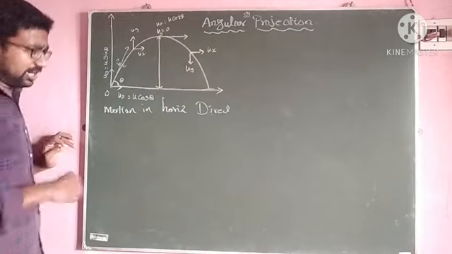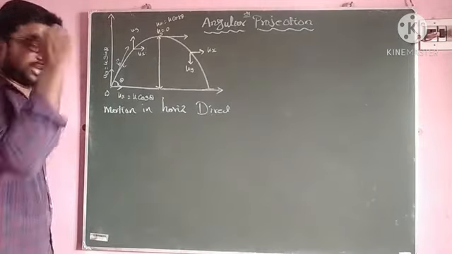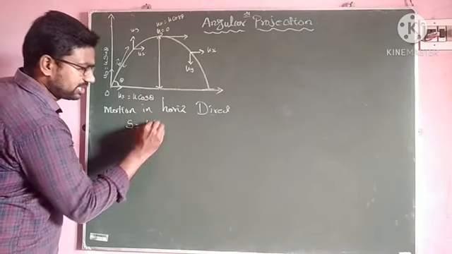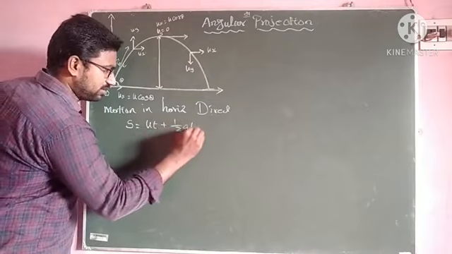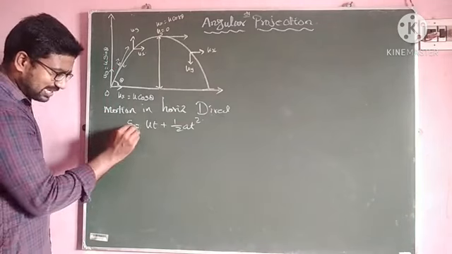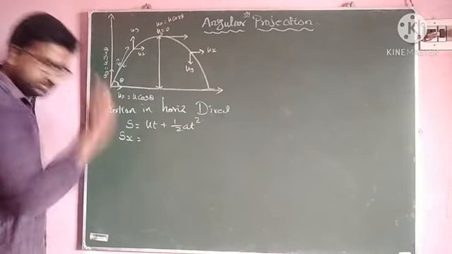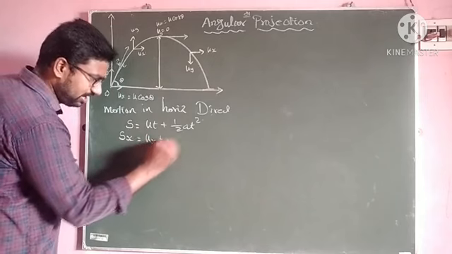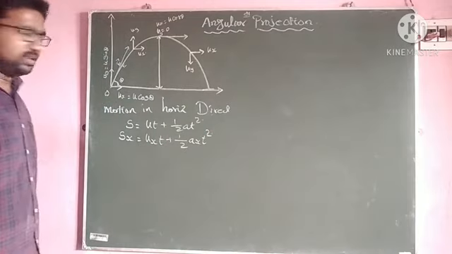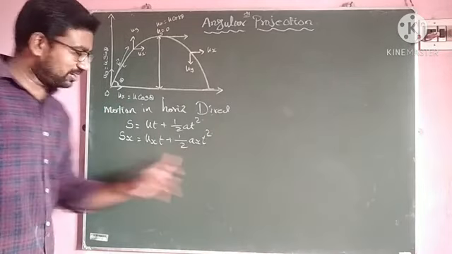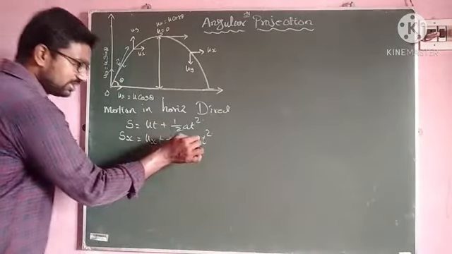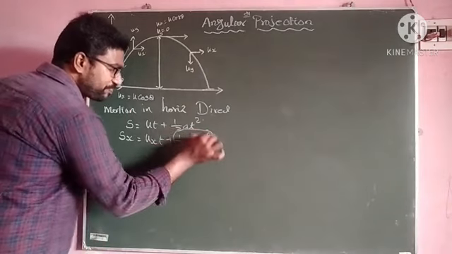Okay. Let me take the second kinematic equation: S is equal to ut plus half at square. Am I right, students? So now I am going to find the motion in the horizontal direction. Sx is equal to ux t plus 1 by 2 ax t the whole square. In the horizontal direction, the horizontal velocity remains constant and the acceleration becomes 0, so this term will vanish.